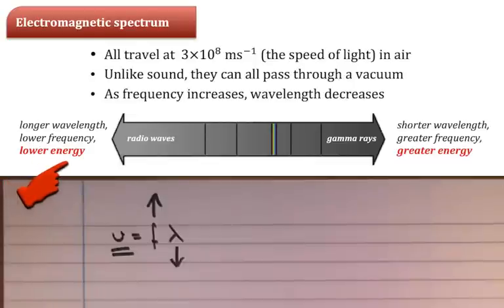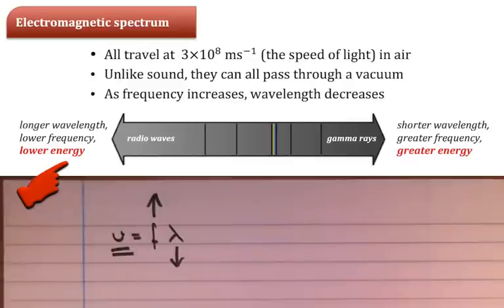This thing here about lower energy: we learn in higher physics a principle known as wave-particle duality. So we talk about the electromagnetic spectrum as being a family of waves, but we also talk about light, and of course not just visible light, but any of these waves in the electromagnetic spectrum also having properties, I guess, of particles.